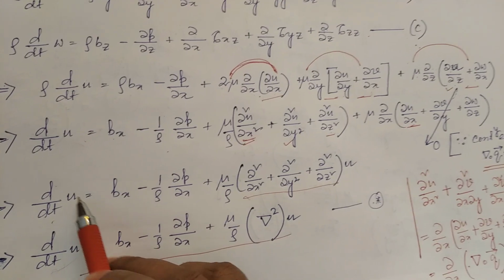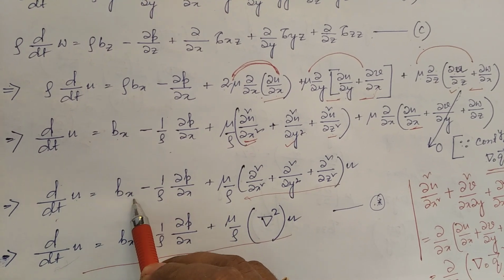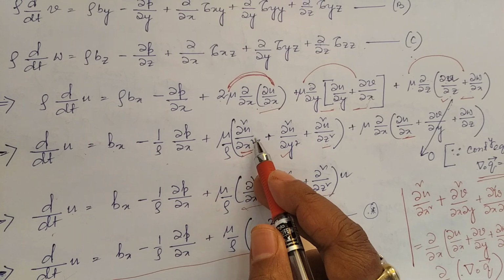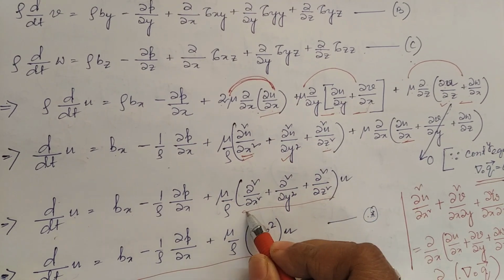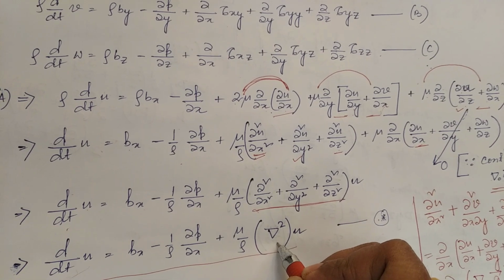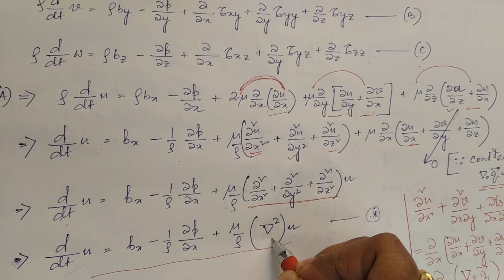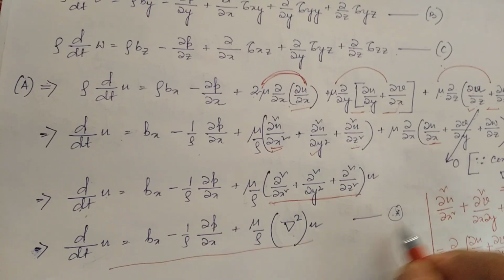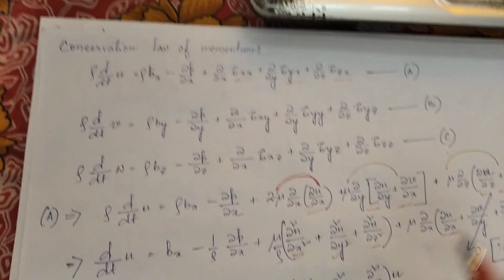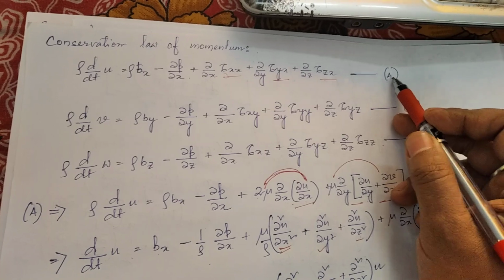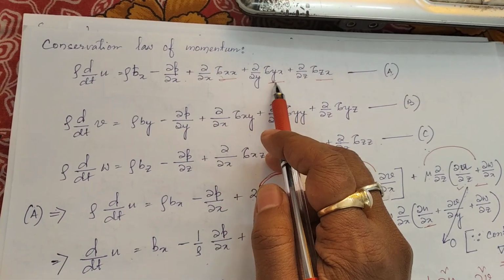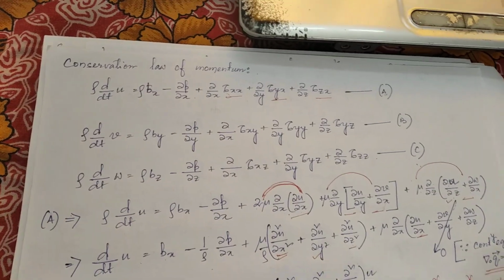Now what we are getting is the same as previous. From this term, if you take mu common, this is nothing but the Laplacian, that is delta square or nabla square. So this equation is the simplified form of equation A after substituting the values of tau xx, tau yx and tau zx.